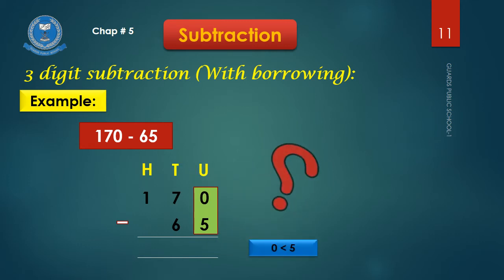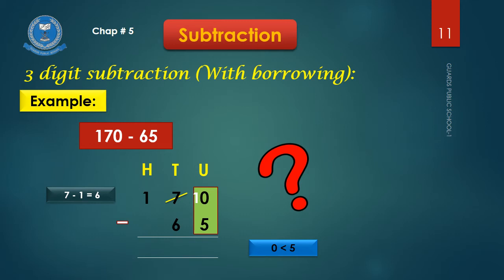So what will we do, students? Yes, 0 will borrow 1 from 7. So 0 becomes 10. And what will happen to 7? Will it remain the same? No. So 7 has 1 less because it has given 1 to 0.